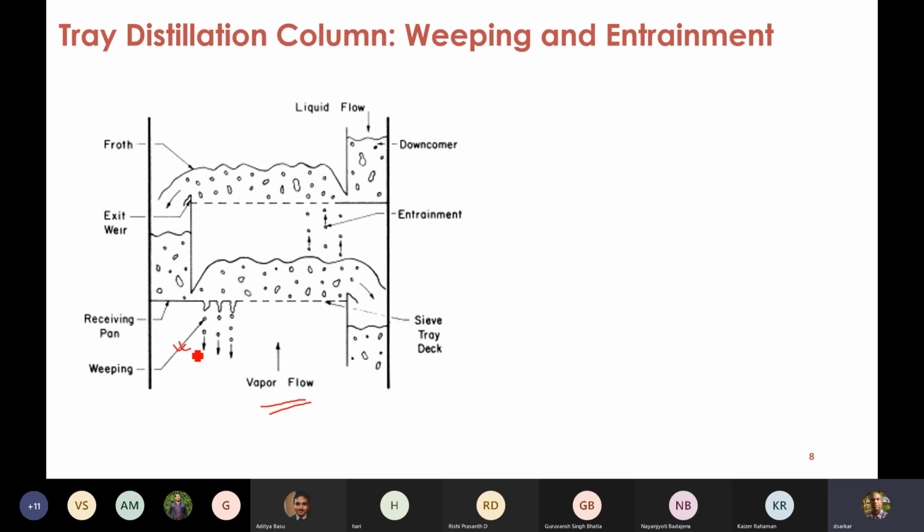Weeping compromises mass exchange and leads to a loss in tray efficiency. Again, the vapor flow should not be so high that when it passes through these perforations and escapes from the pool of liquid, it carries liquid droplets with it. That is known as entrainment. So entrainment and weeping should be avoided.